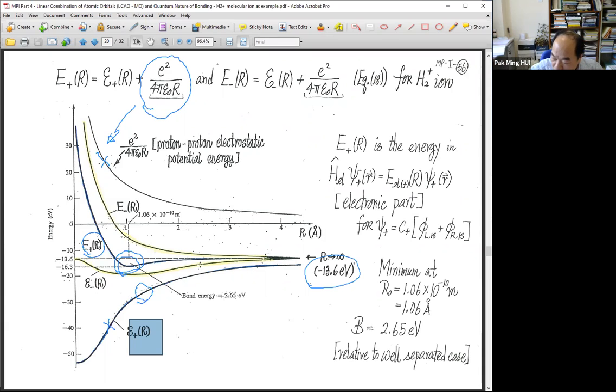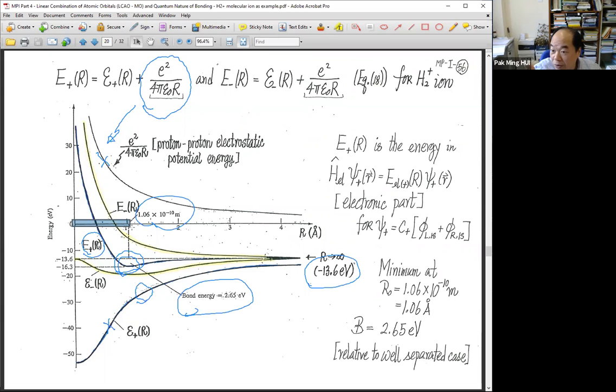And there is a preferred separation. The preferred separation goes from here to here, okay? So it is predicting something like 1.06 angstrom as the best separation of H2 plus. And it gains a binding energy of 2.6 eV. Now that is rather big.